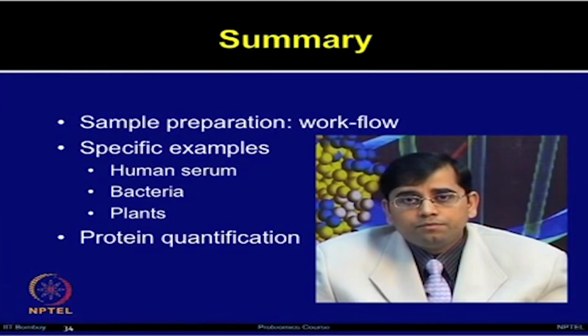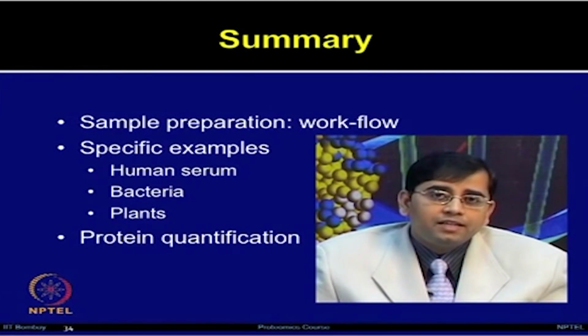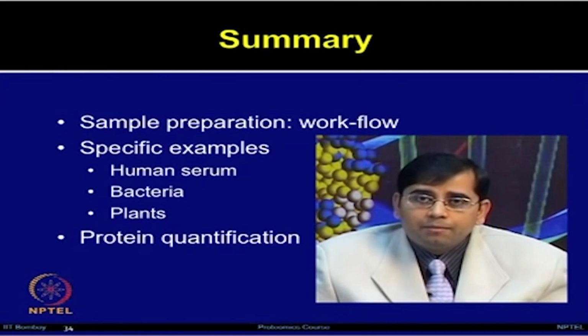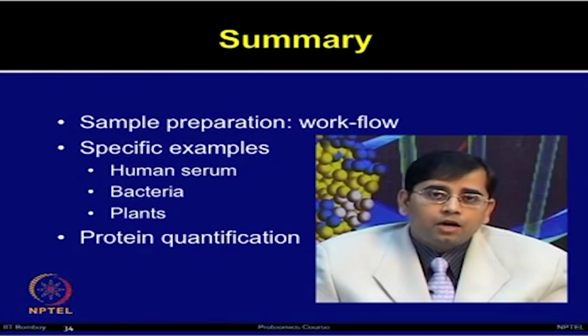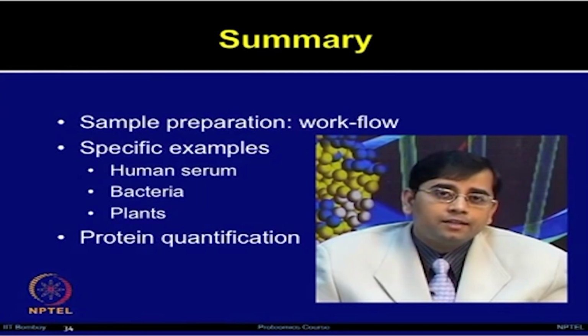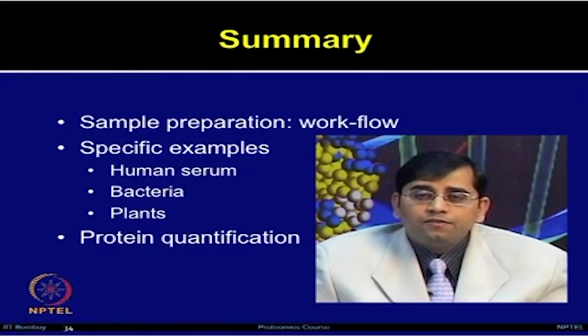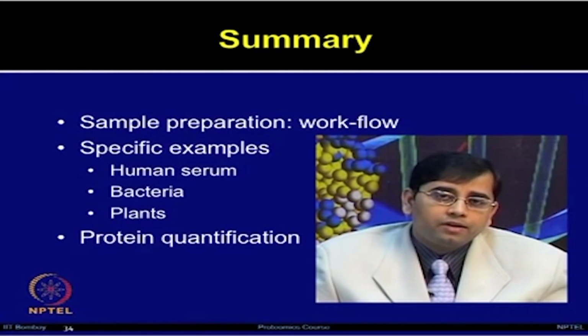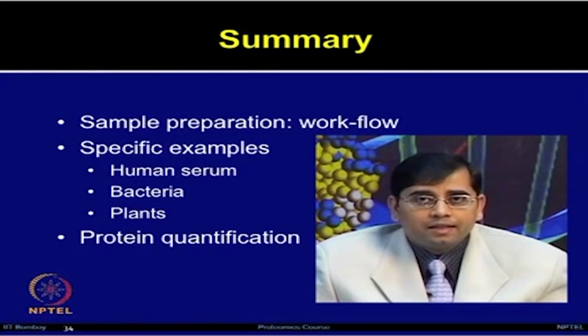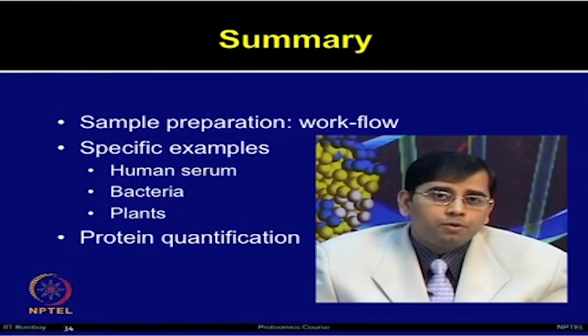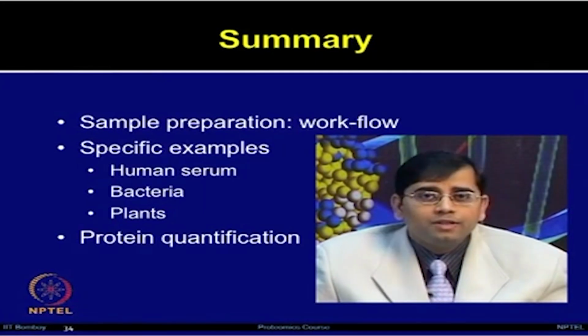We talked about how to pre-fractionate the samples, then how to precipitate the samples, how to remove the interfering substances, and then we moved on to specific examples. We discussed in more detail different criteria being used for analysis of clinical samples, and then we talked about how to analyze human serum samples.